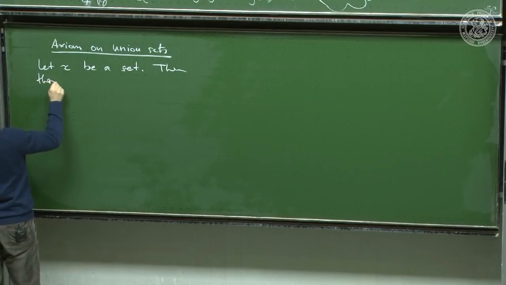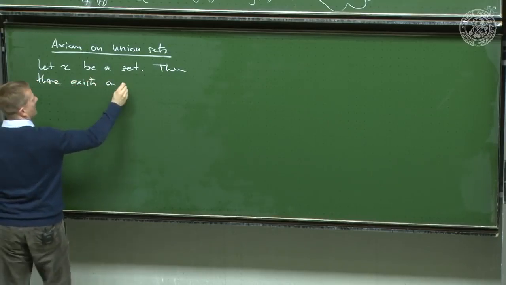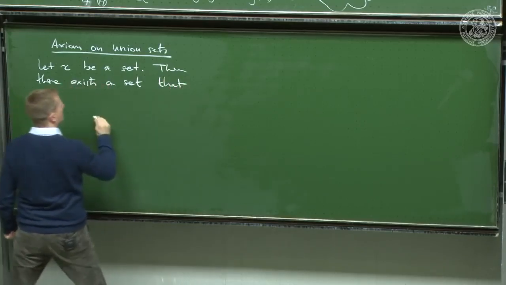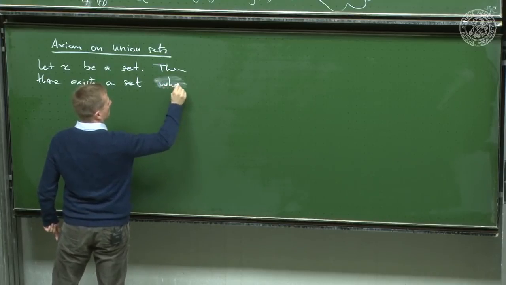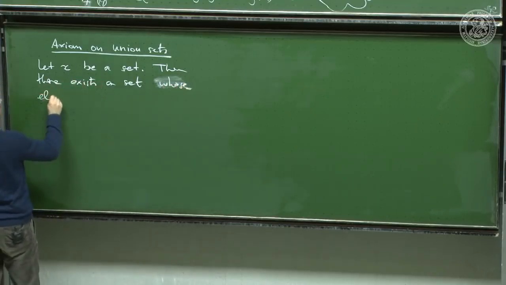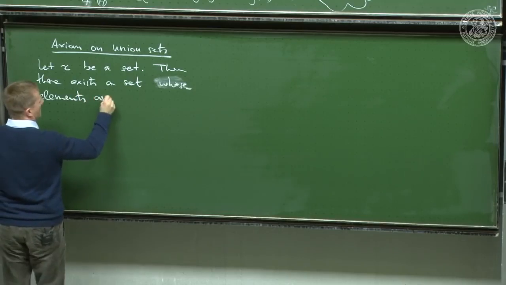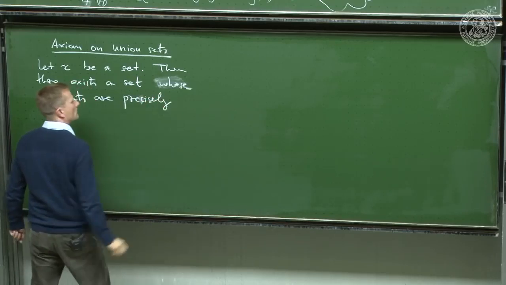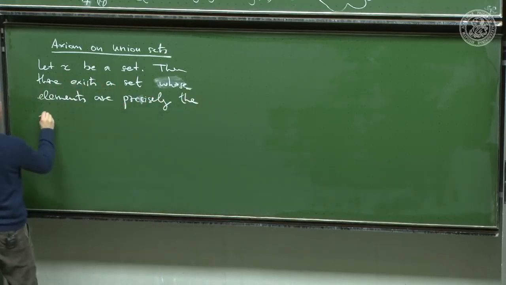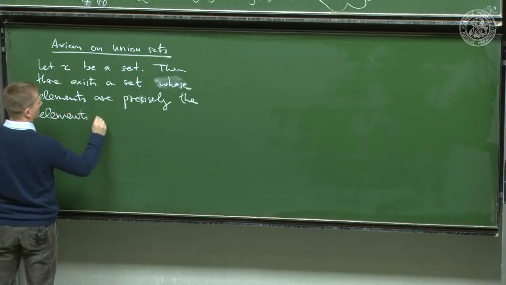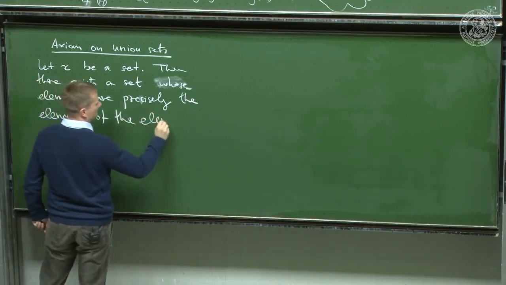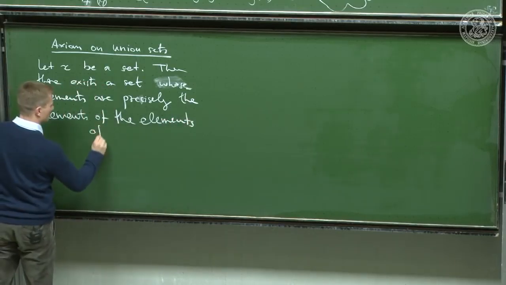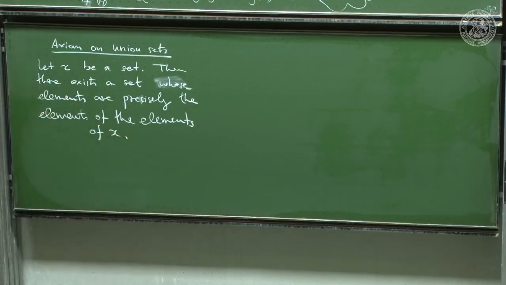Then there exists a set whose elements are precisely the elements of the elements of X. Okay.